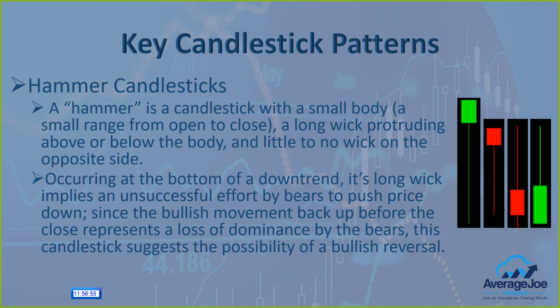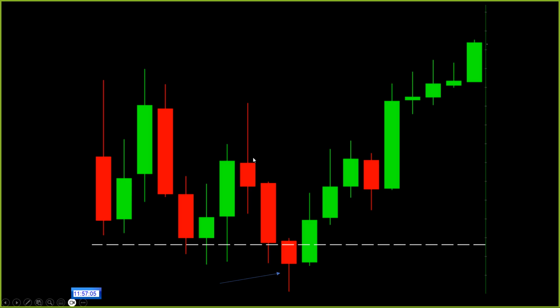This is going to tell us, are we looking at a reversal, or is there a potential for price action to reverse? All right, so here's an example of a hammer candle on the bottom. Again, this could be green. It doesn't have to be red.